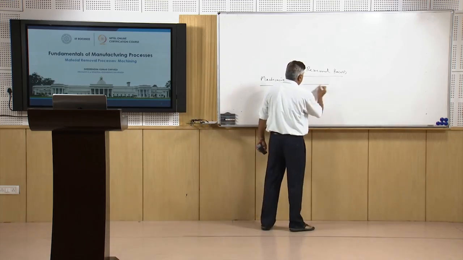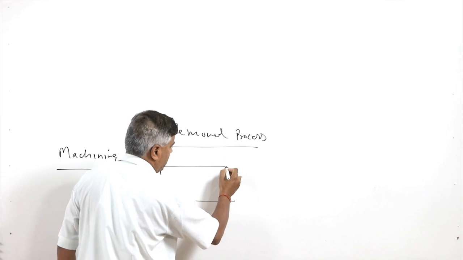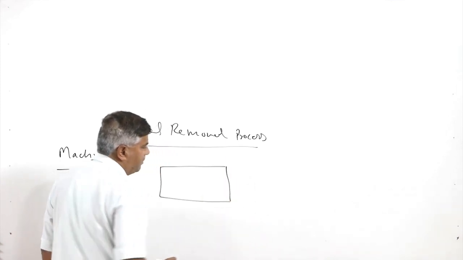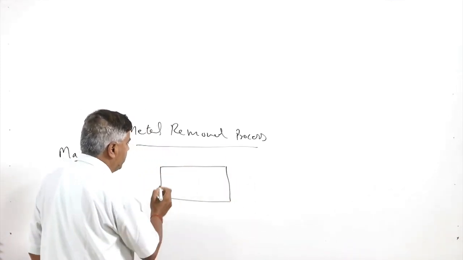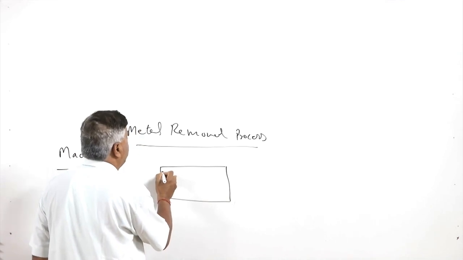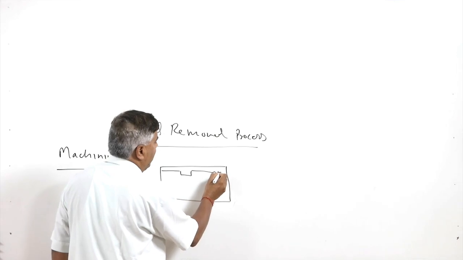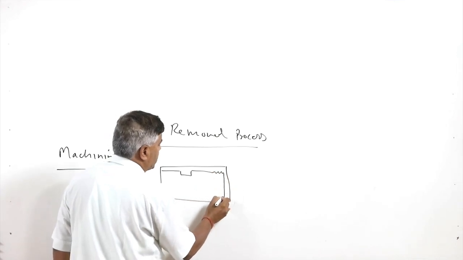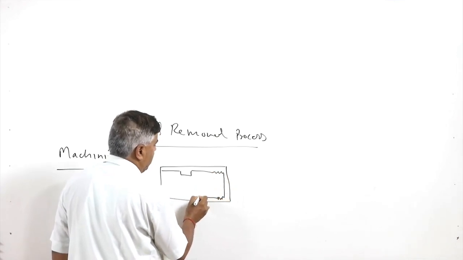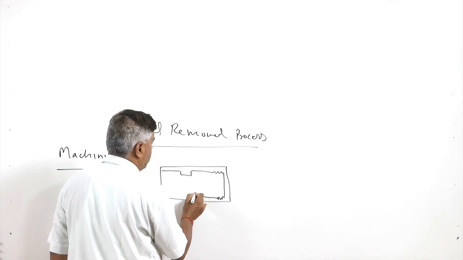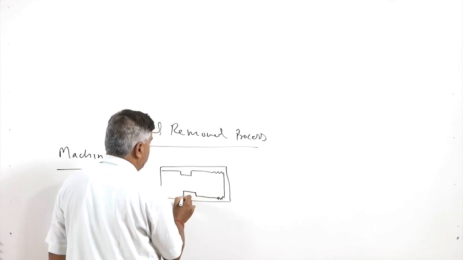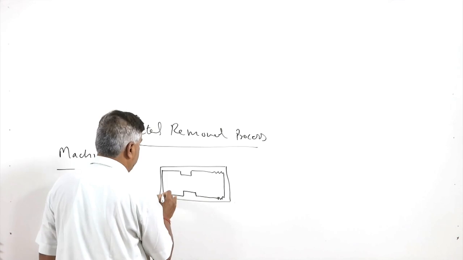For example, the raw material, the stock, is of a large shape like this, and we want the final product having a number of features like this. Such features can be produced by removing the unwanted extra material.